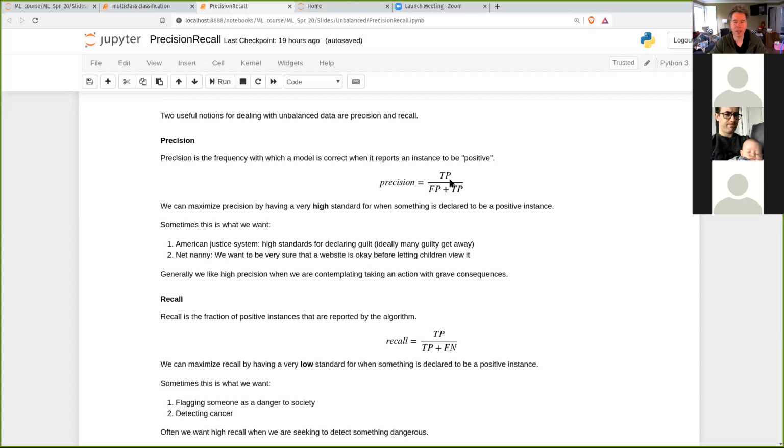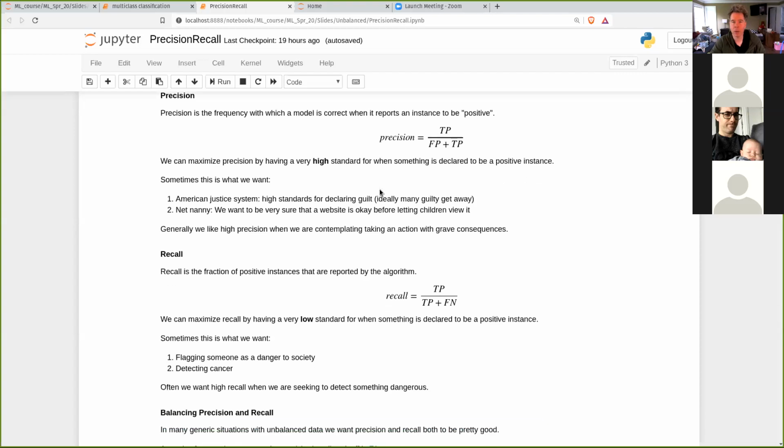I've been told those don't actually exist. But anyway, with a net nanny, it might be okay if you lose out on seeing a lot of good websites, as long as you protect your child from seeing something awful. It's okay if you lose some good websites, if in return you can be confident that your child isn't going to see murder or something like that.